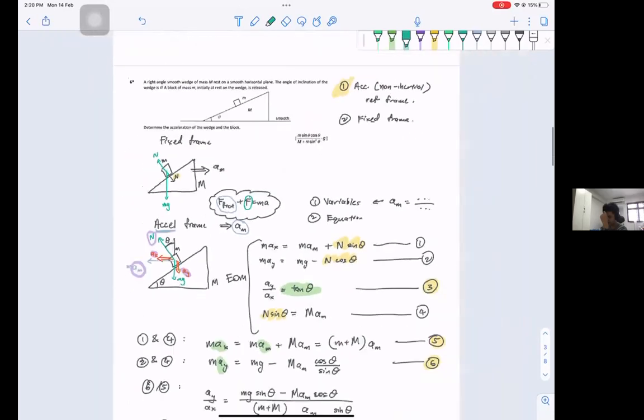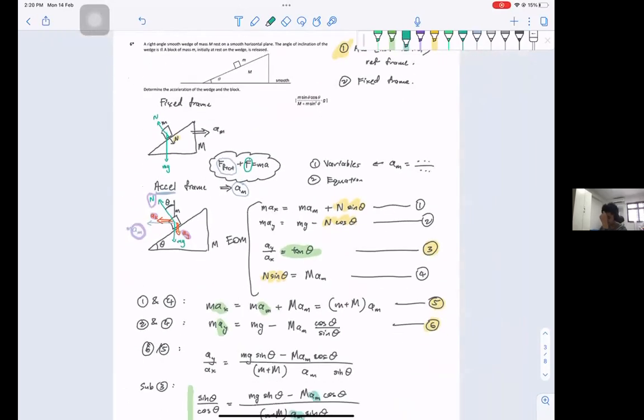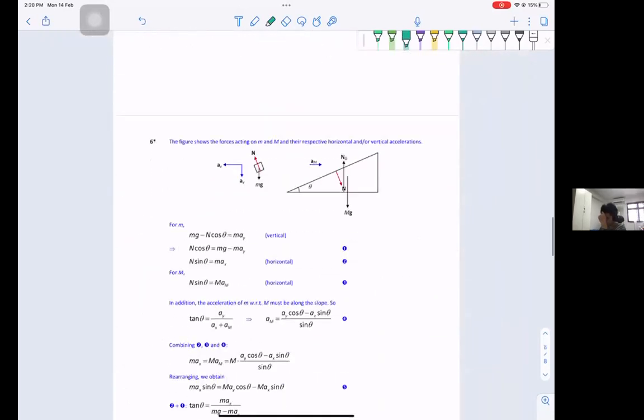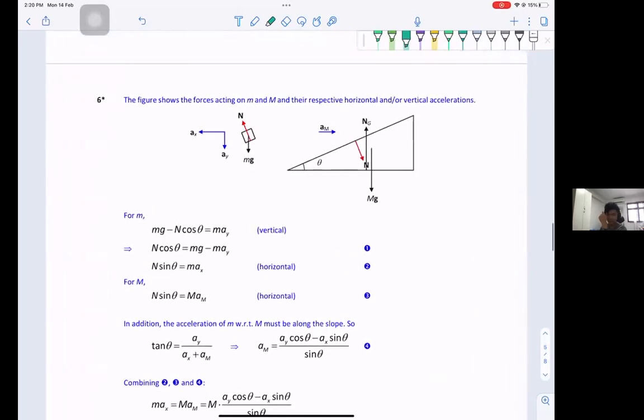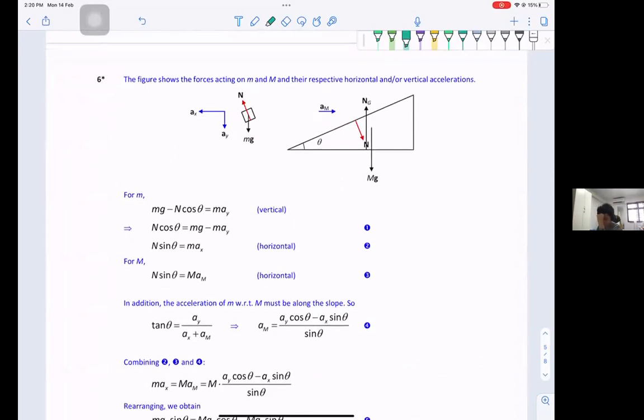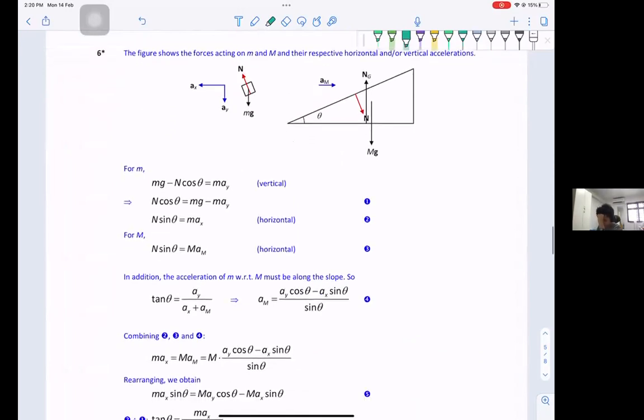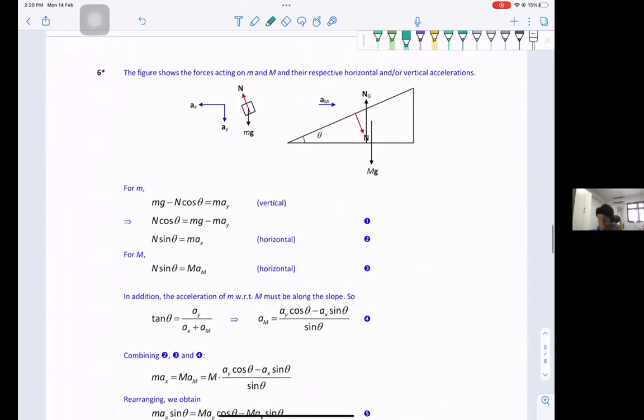Now let's do it using the non-accelerating reference frame. For this, I'm just going to take it from the answer key. The first thing you notice is that they define ax, ay, and AM, just that now there's no non-inertial force.